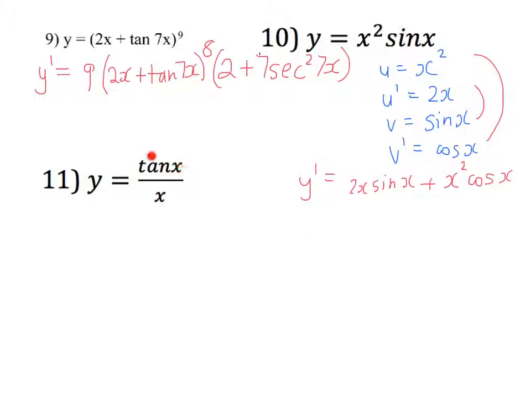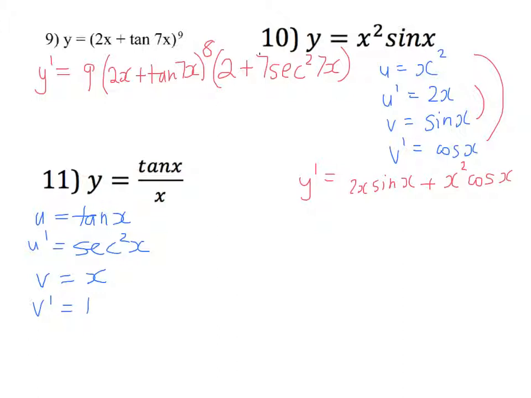In number 11, we've got a function divided by another function, or we've got the quotient of two functions. So we're going to use the quotient rule to differentiate this, where u equals tan x, u dash equals sec squared x, v equals x, and v dash equals 1.